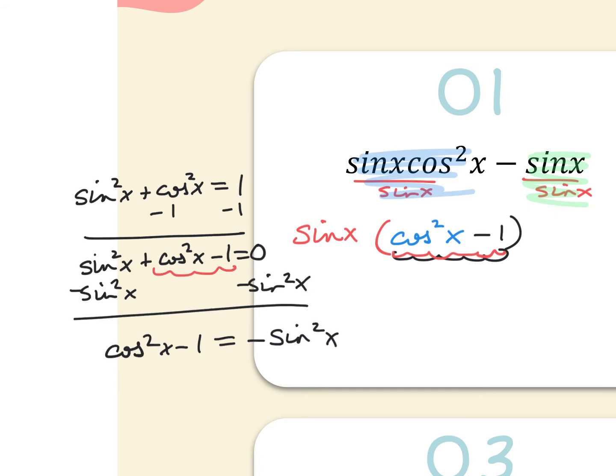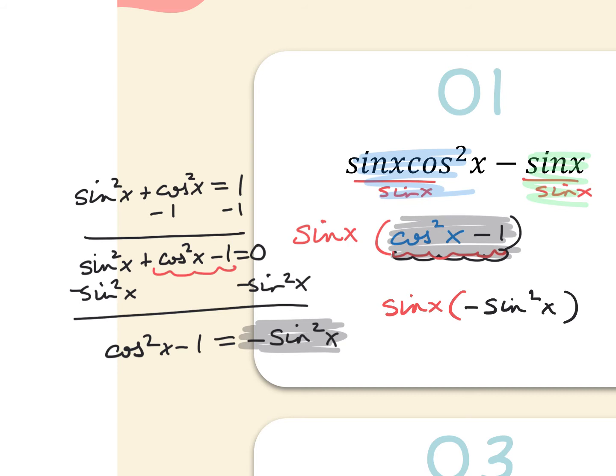So now I'm going to do a substitution. I'm going to take out this, and I'm going to replace it with what it equals, which is negative sine squared x. So now I have the red that's still there. I'm taking out what's in the parentheses and replacing that with the Pythagorean identity. And now I can multiply this, and it'll turn into a single term.